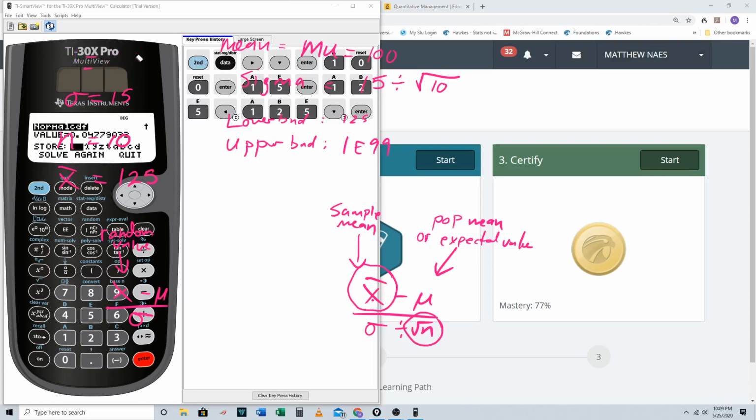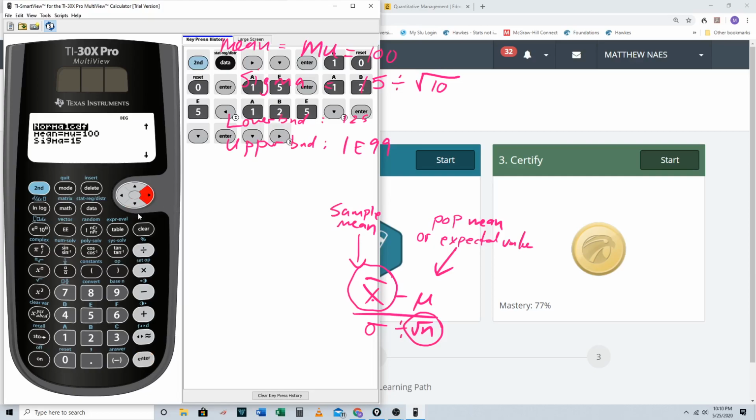Let me get rid of this. We can see. All right. So solve again. But this time we leave mu alone, but we're going to change sigma to 15 divided by the square root of 10.